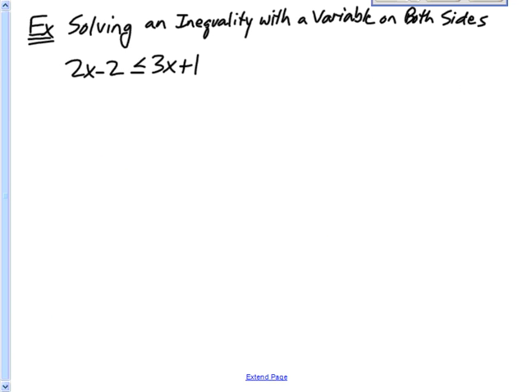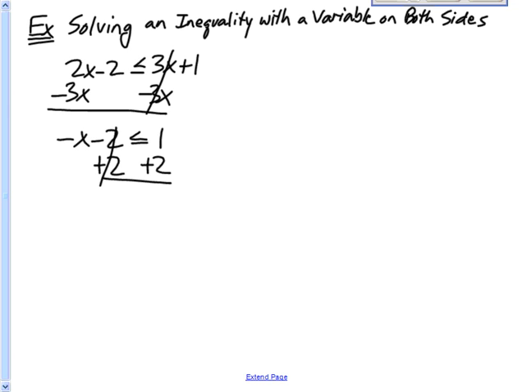Solving an inequality with the variable on both sides. Okay, so if you got the variable on both sides, again with inequalities, I want them on the left-hand side. So I'm going to actually take that over. 2x minus 3x, negative x minus 2 less than or equal to 1. Get rid of the 2 now. Negative x less than or equal to 3. Now I got to get rid of that -1 in front. I'm like, oh, did I divide by a negative number on both sides?